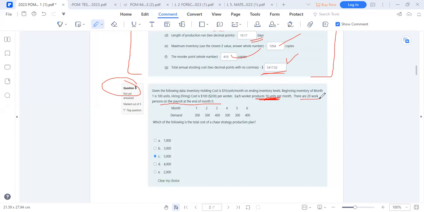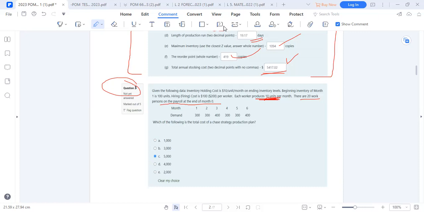That's 20. Before you start, there are 20. You have already 20 workers before you start operating.